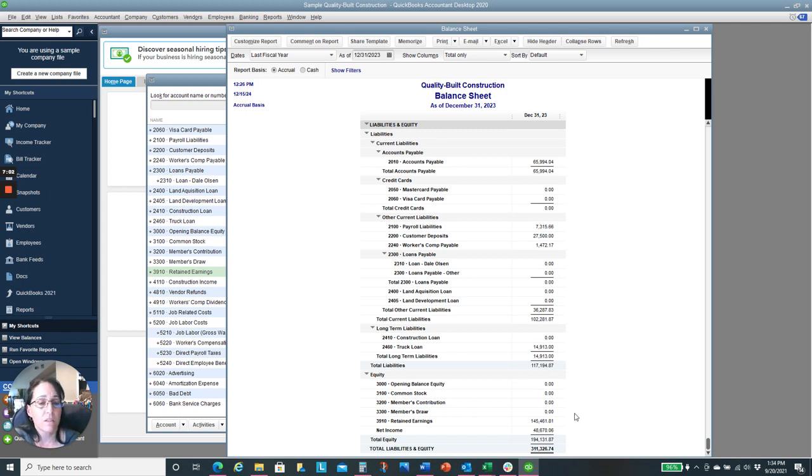And what happens is when the IRS sees that, if you've taken more out in shareholder distributions than you have as an actual pay, that throws up a red flag. The reason being is because distributions are taxed less, and so you have to be taking a reasonable compensation as an S-Corp, or you could get into trouble.